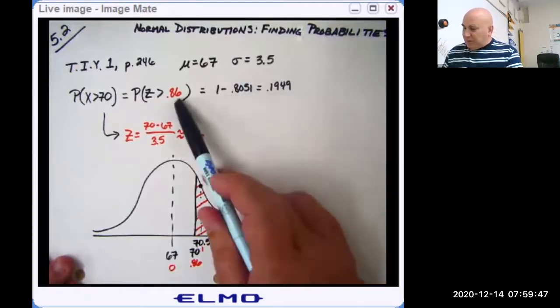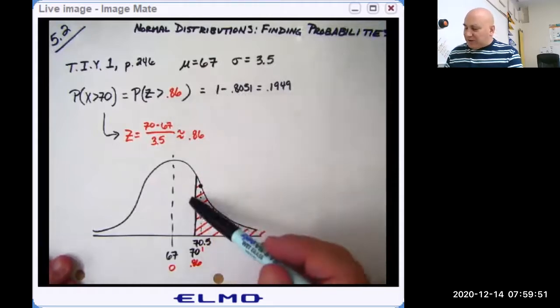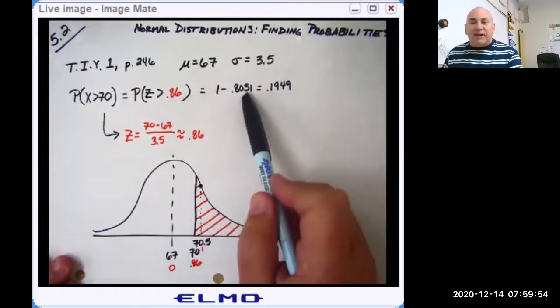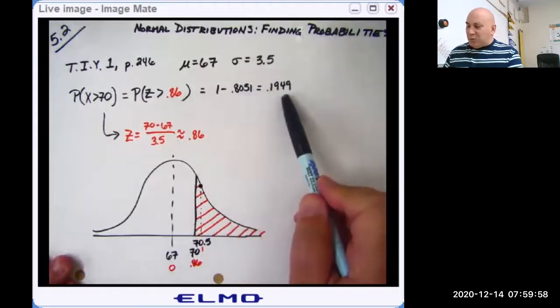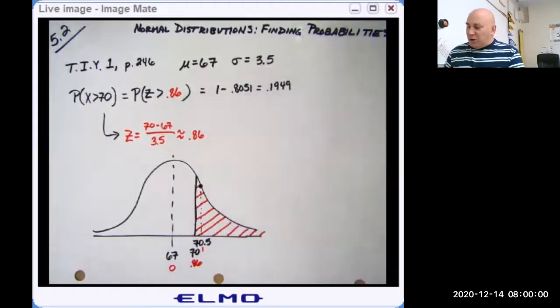If you look up z equals 0.86 in your table, you'll find the area to the left of that is 0.8051. So the area to the right must be 0.1949, which means there's about a 19.5% chance that a randomly chosen car on that stretch of road would be going over 70 miles an hour.